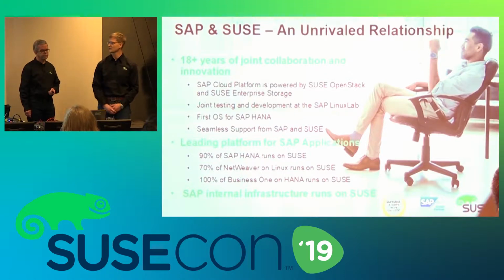As you can see, a lot of HANA systems are running on SUSE, 90%. 100% of the SAP Business One appliances on HANA are running on SUSE only. Therefore, we have built a special image to make the deployment of this system reliable, quite easy and straightforward for the partners and customers.